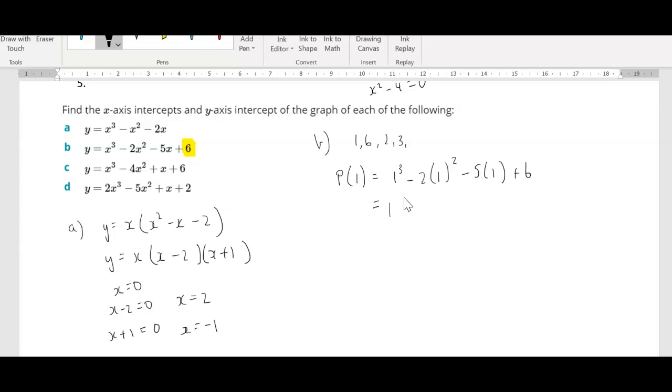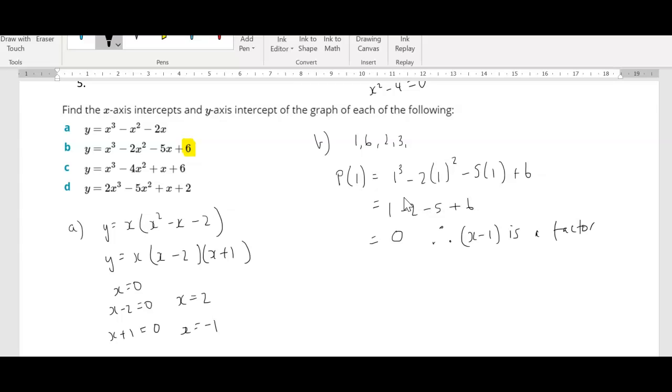So 1 cubed is 1 minus 2 minus 5 plus 6. So 1 minus 2 is -1, minus 5 is -6, plus 6 is 0. So when you're substituting in a value, if you get 0, that means it's a factor. So therefore, x minus 1 is a factor.